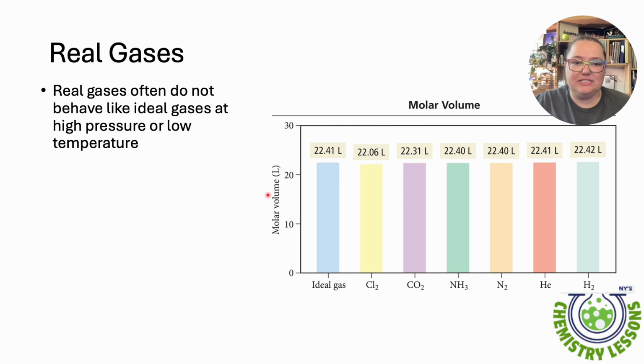So you can see here, the ideal gas has a molar volume of 22.41 liters. While this is close, these are not at all 22.41 all the way across. That's just not what it is. But it gets more and more different the higher the pressure or the lower the temperature.